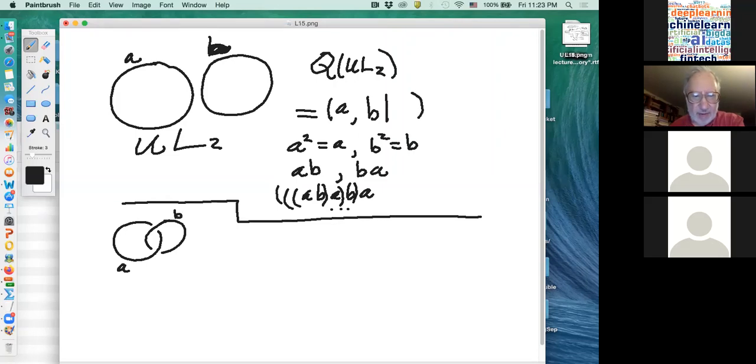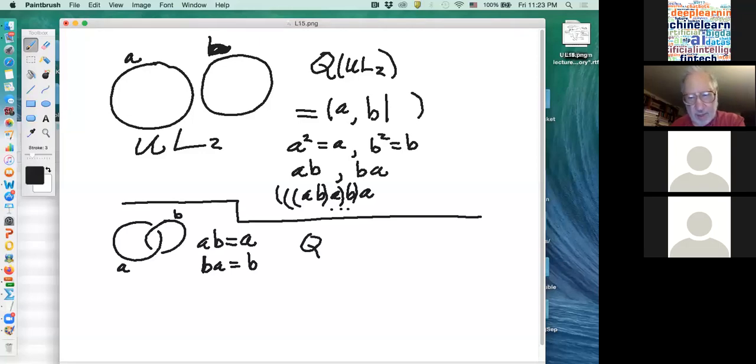And you have that A times B is equal to A. And you have that B times A is equal to B. And of course, A times B equals A, if you multiply by B on both sides, becomes the same thing. So this doesn't have anything very interesting going on, right? But you have B times A is equal to B.